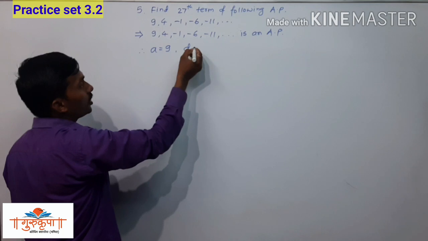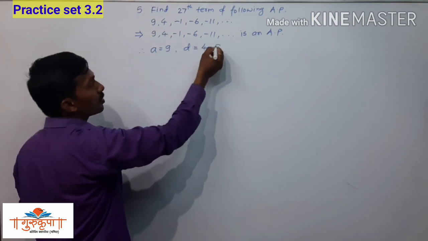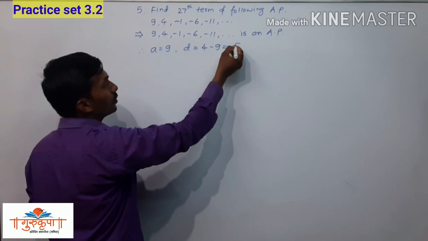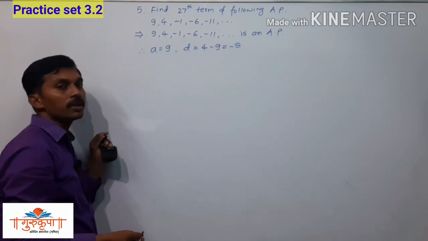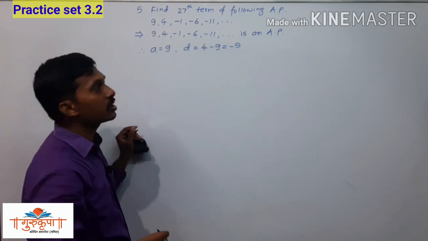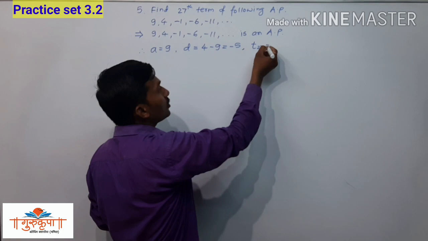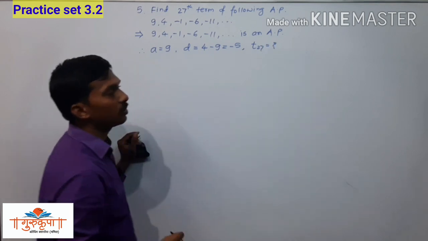Now we have to find the value of D. It is 4 minus 9, which is equal to -5. You can take any two consecutive terms and take the subtraction. 4 minus 9 is -5, and we have to find the 27th term of that AP.